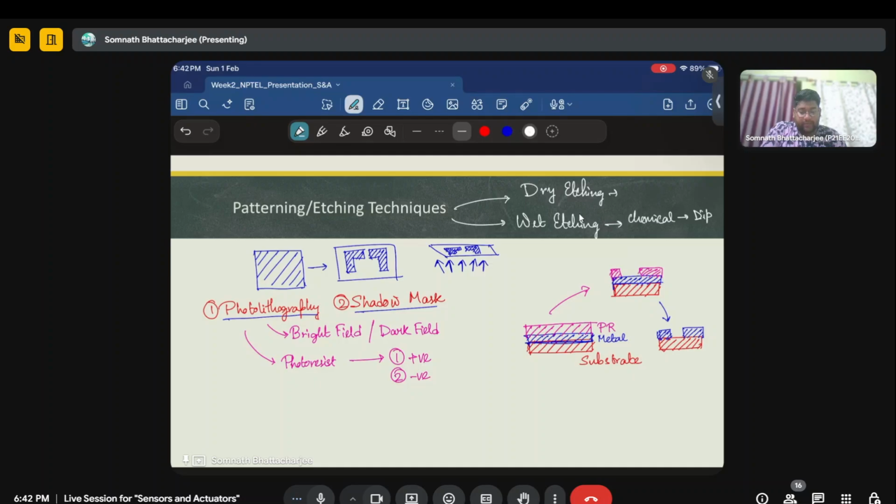So basically it involves the use of a chemical solution in which you dip your sample. But in the case of dry etching, several different substrates and several different metals can't sustain the use of these kinds of etchants. The solution we are talking about, this chemical, is known as the etchant.